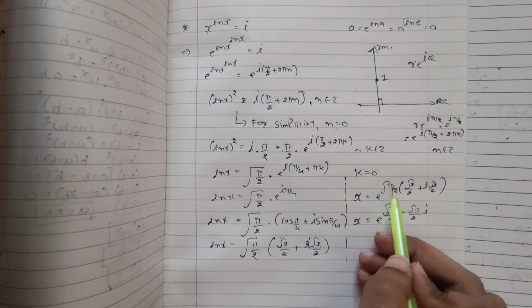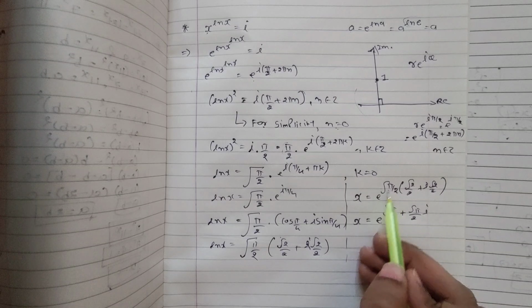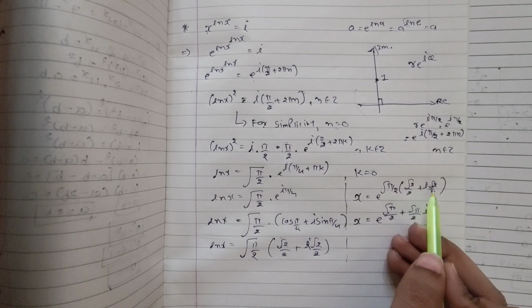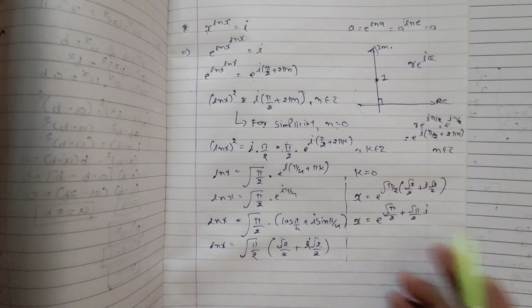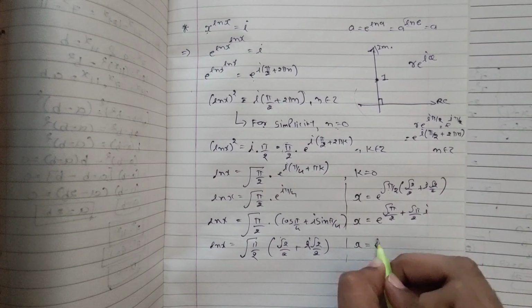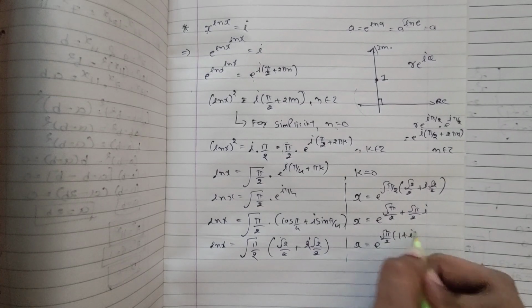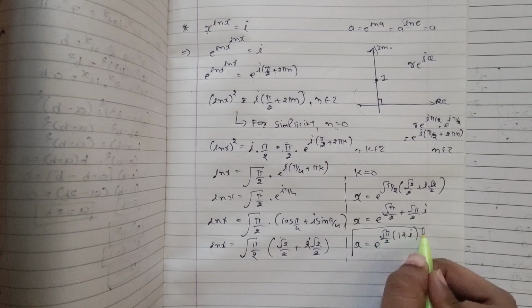Because if you solve root pi by 2 into root 2 by 2, you will get root pi divided by 2, and root pi by 2 into iota root 2 by 2, you will get root pi by 2 iota, right? And if you want to simplify, it will become e raised to root pi by 2 in bracket 1 plus iota, right? This is the simpler form.